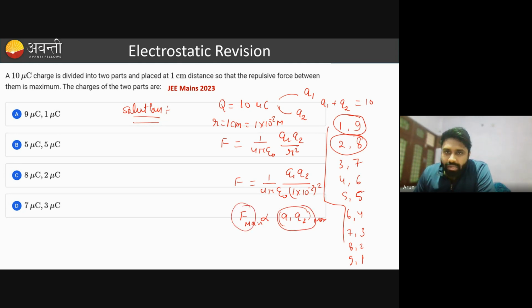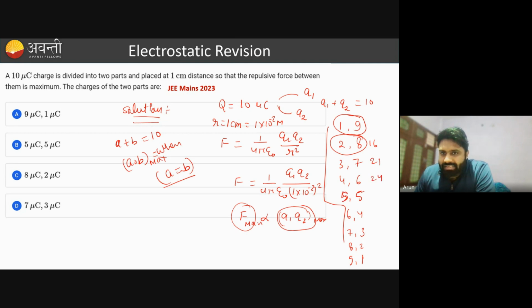So I will tell you the concept. If there are two numbers a and b and their sum is constant, then the product ab will be maximum when a equals b. You can check it here: 1 into 9 is 9, 2 into 8 is 16, then 21, then 24.